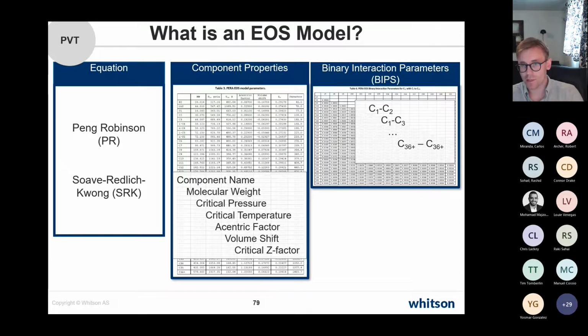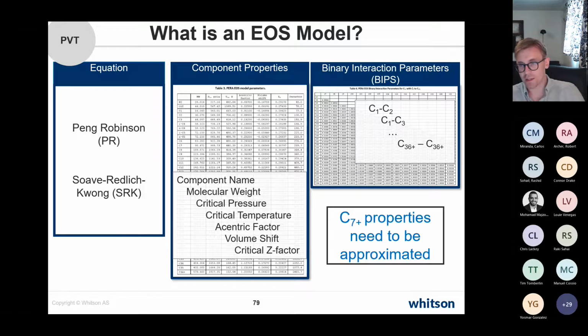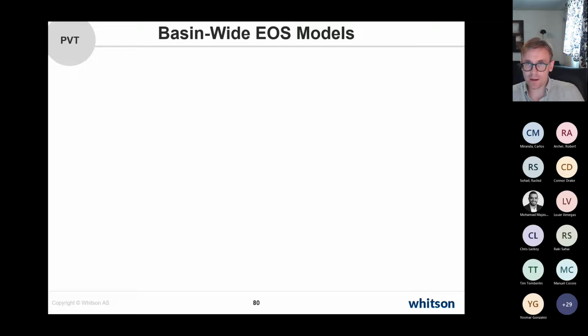How does it look? Well, when you've developed an equation of state, either of these equations, they're represented by two tables: component properties and binary interaction coefficients. In any format that you give or send people, these are what you'll typically be handed, if that makes sense. The equations of state that we typically use in Whitson Plus are so-called basin-wide equations of state.